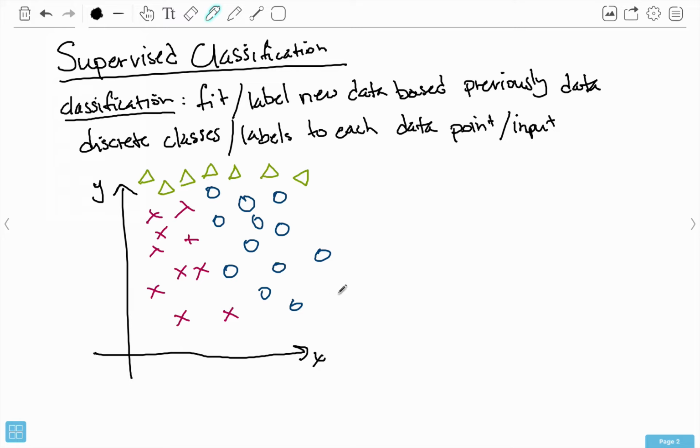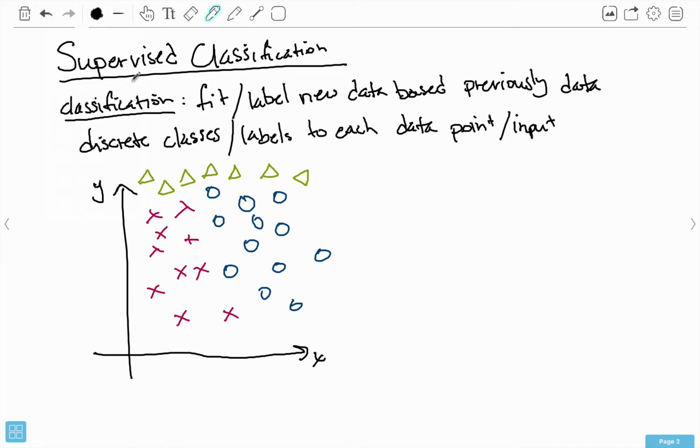What we're trying to do with classification is find a way to build a model so that, given a new input, we can assign it one of these labels. Let's do a human intuitive example.